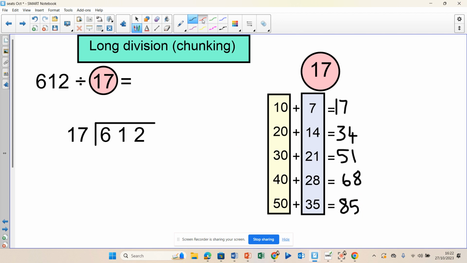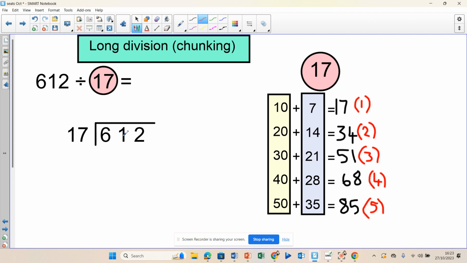So these are my first 5 chunks, and they are just the multiples of 17. So 17 is 1 lot of 17, 34 is 2 lots of 17, 51 is 3 lots of 17, 68 is 4 lots of 17, and 85 is 5 lots of 17.